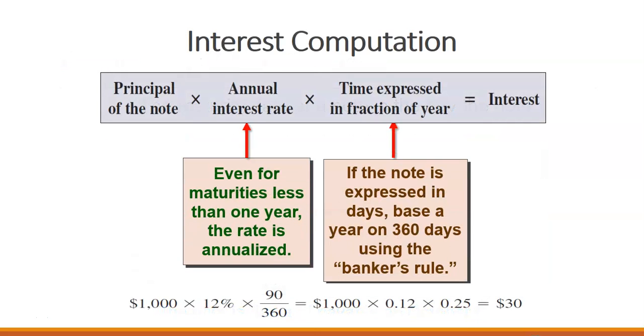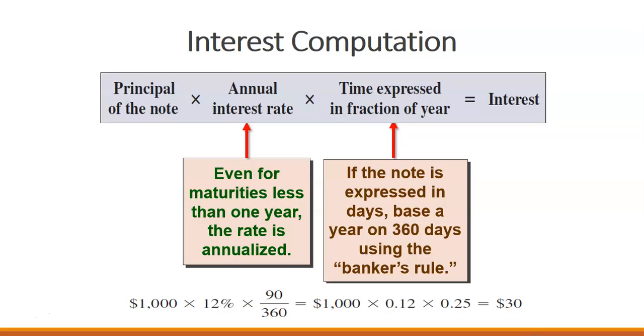The interest computation is principal times rate times time equals the amount of interest. The rate is annualized, it's our annual interest rate. So then we need to take it times time expressed as a fraction of a year. If the note is expressed in days, then the base in our calculation is going to be 360 days, which is the number of accounting days within a year.